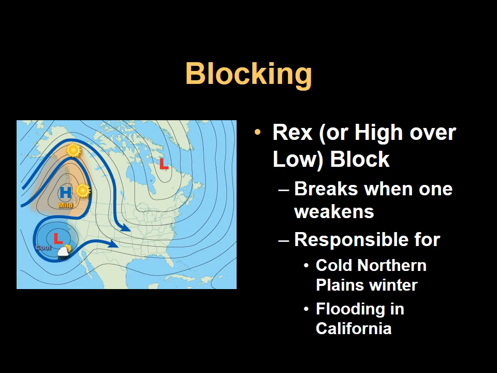So, of course, this is responsible for persistent cold air across the northern plains. You tend to see this set up a lot of times in January and February. It's miserable for us here in North Dakota. But it also is miserable for people in California because that's where they get those massive floods during the winter.